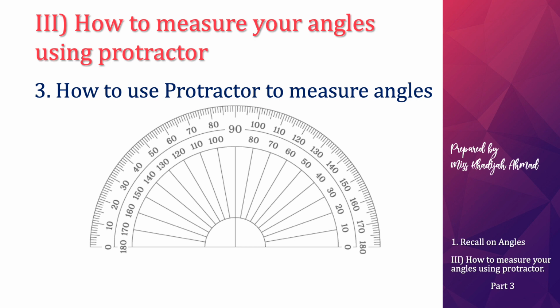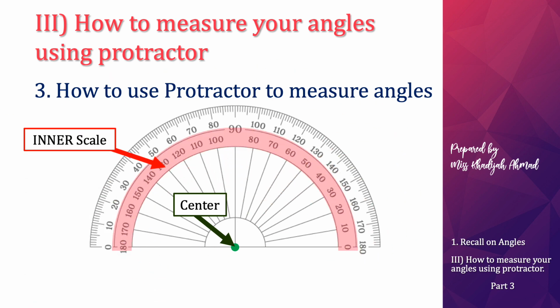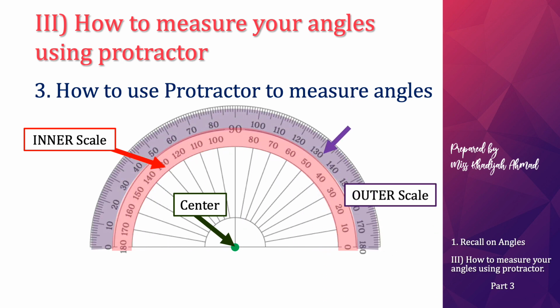I have shown you the two types of protractor, but today I am only going to focus on the semicircle version. There are three important components present in a protractor. 1. The center, where you put the vertex of your angle. 2. The inner scale. And 3. The outer scale.